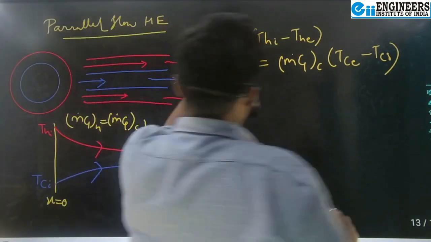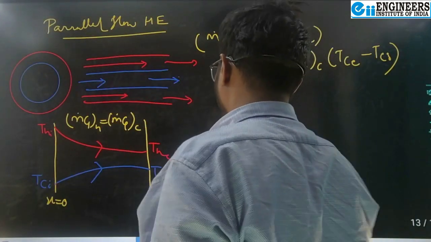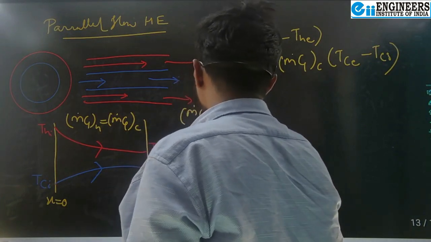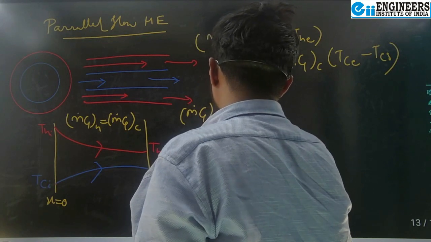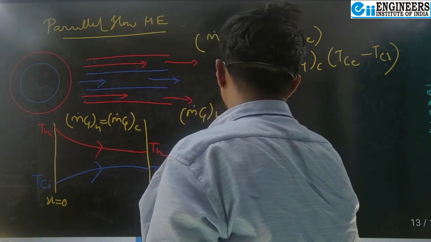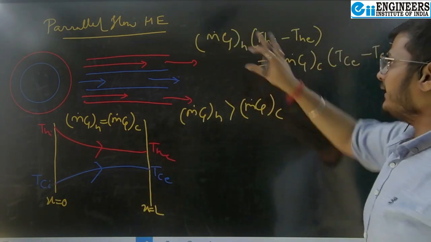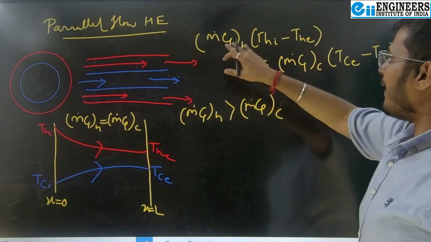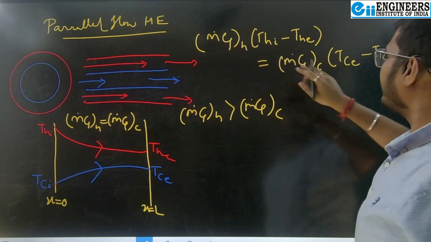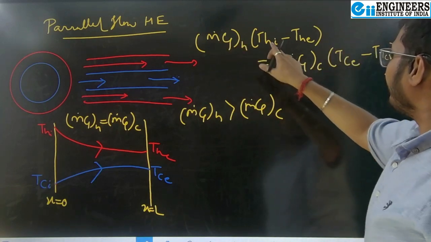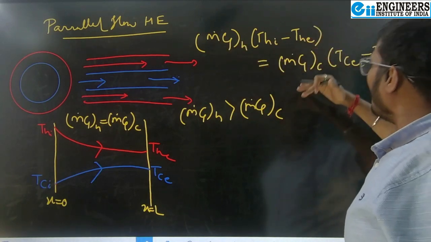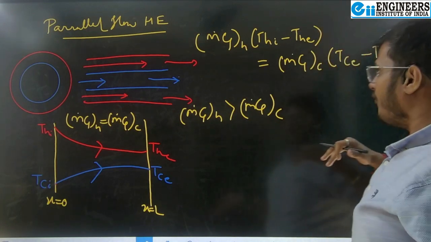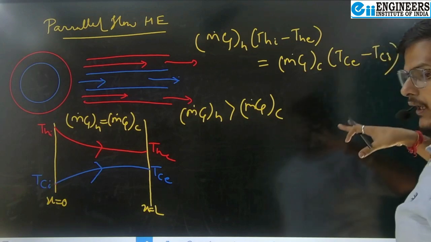Supposing m Cp hot is greater than m Cp cold, that is, the heat capacity of the hot fluid is greater than the heat capacity of the cold fluid. So you can say this one is greater than this one. So what will happen if I divide this one here? This ratio will be less than 1, obviously. So this factor will reduce.